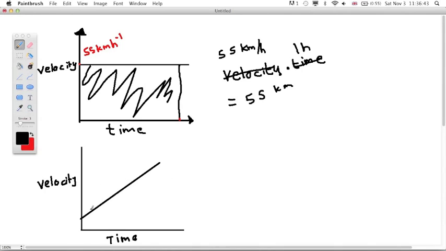At this given time, its speed is this much. But at another given time, its speed is higher, it's somewhere here. And that speed keeps increasing. And what do you call increasing speed over time? Well, acceleration, obviously.